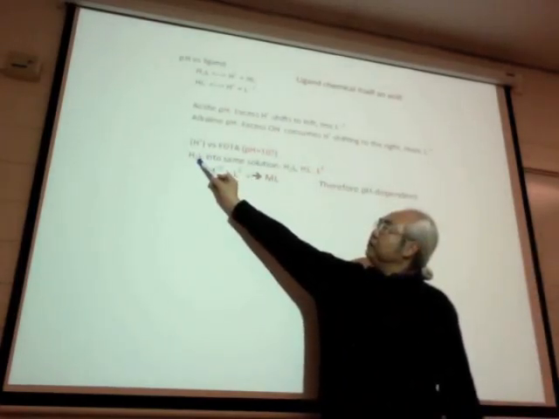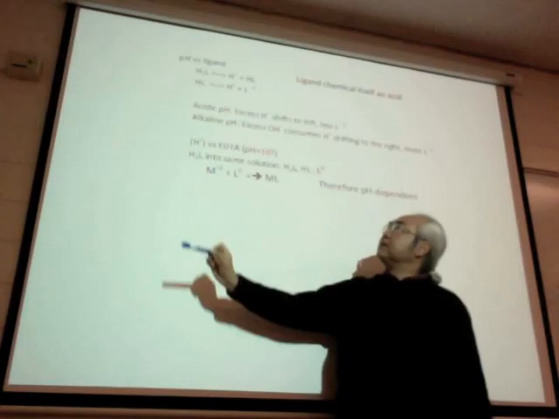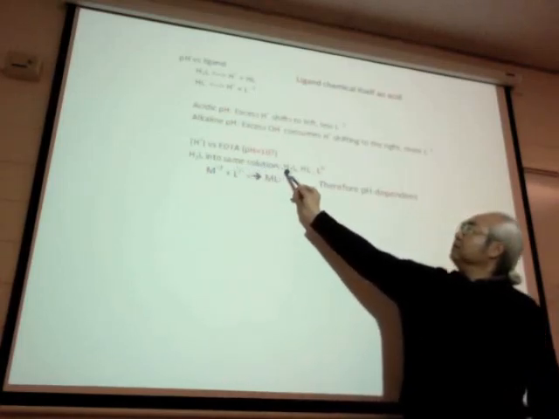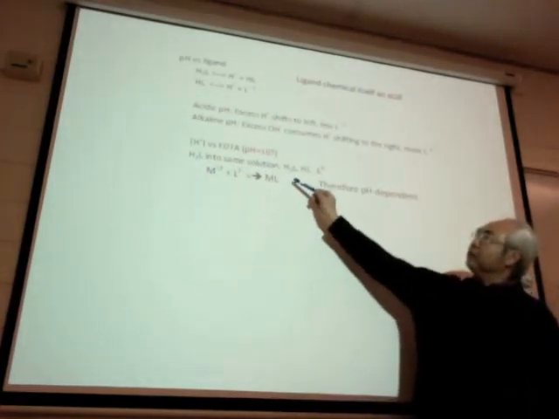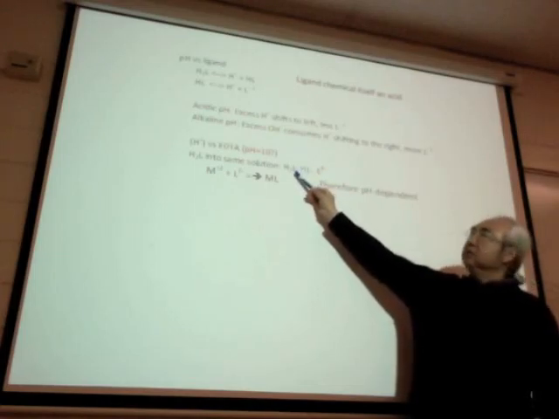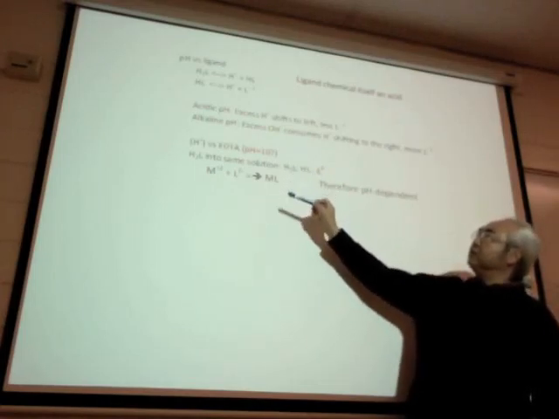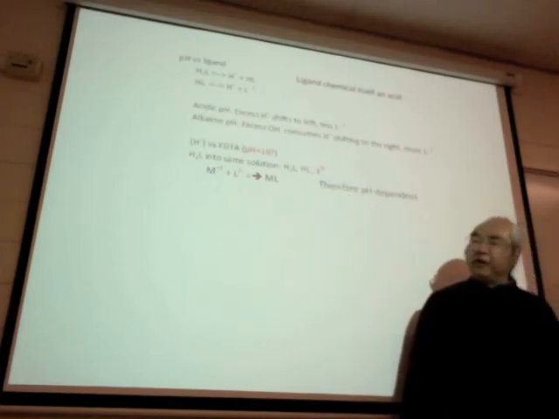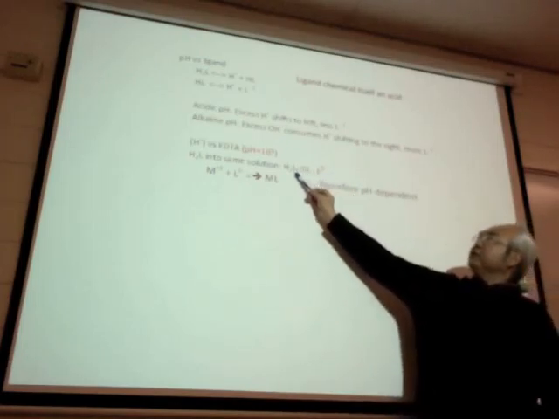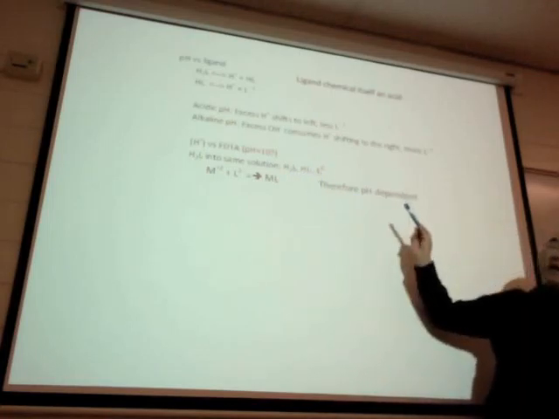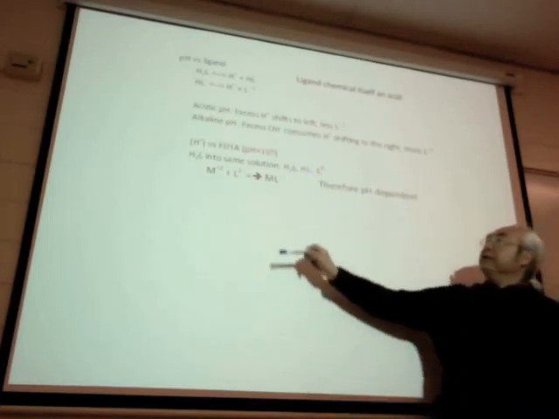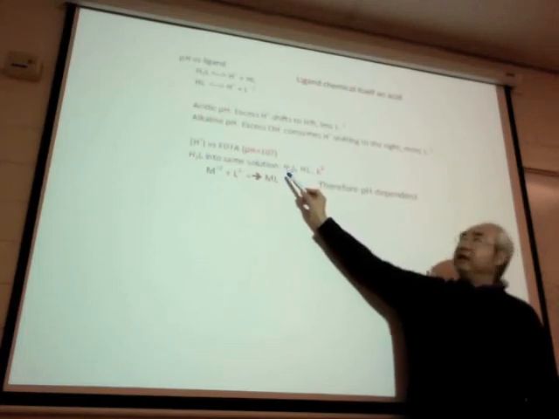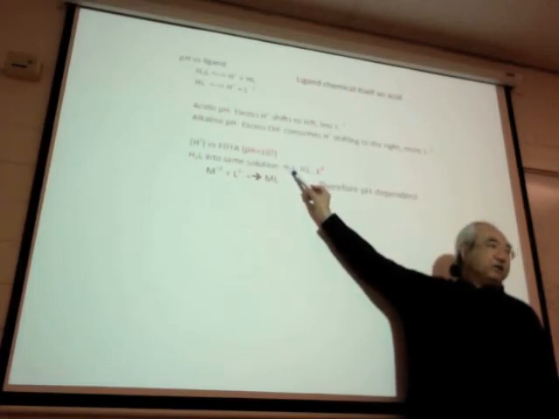Okay, so the H2L, back to this example. H2L into solution, then you're going to generate more or less of these. Okay, H2L, not ionized, ionized once, ionized twice. So all these quantities will be pH dependent. If that is highly acidic, then this guy is not going to be ionized.